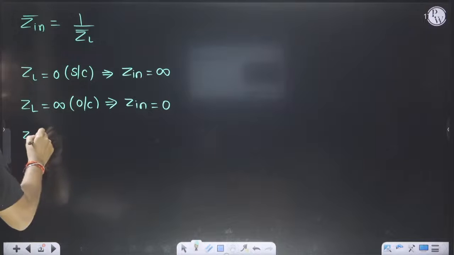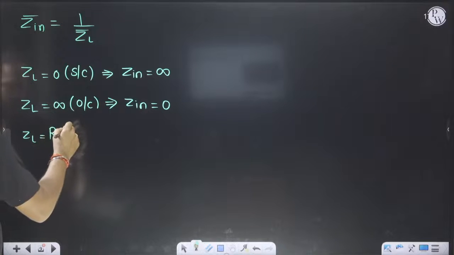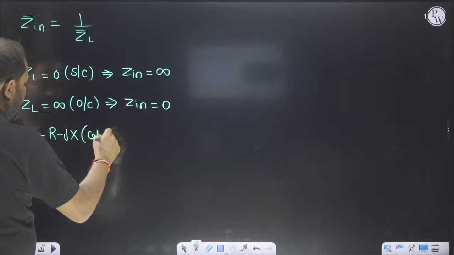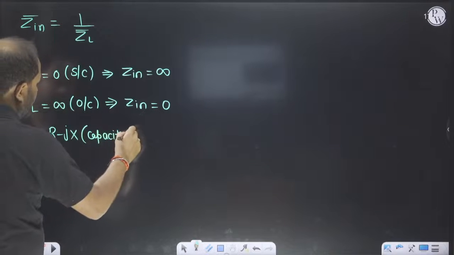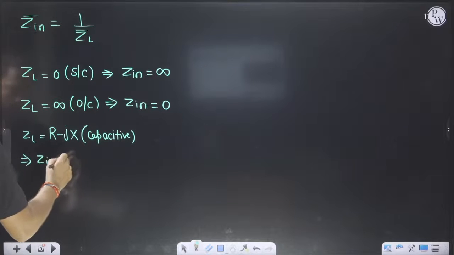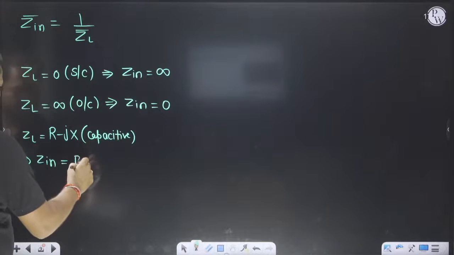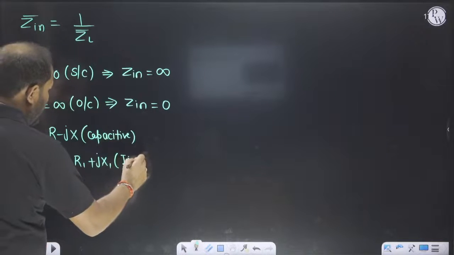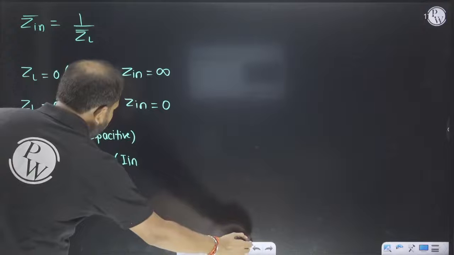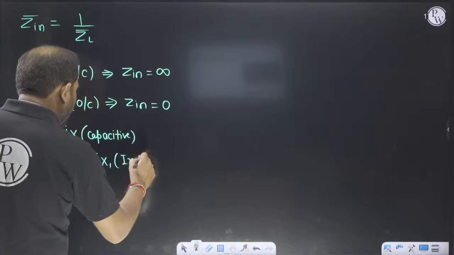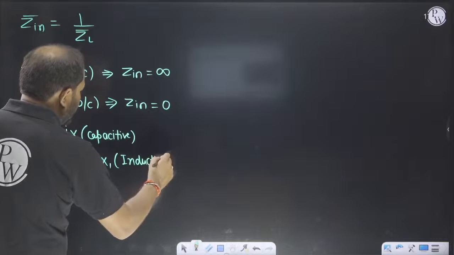If ZL is capacitive, then Zin will be equal to what? Inductive. So you can think over like this, at length lambda by 4, it will be inductive.